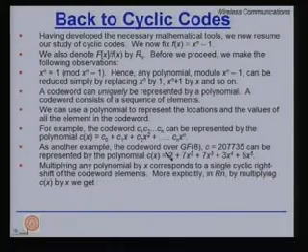I must do a modulo operation, and this operation of putting the highest power which exceeds the block length back to the first place is done by modulo x^n minus 1. So, as long as you keep on multiplying by x, but finally take modulo x^n minus 1, you restrict the block length to n, and at the same time you perform the proper cyclic shifts.